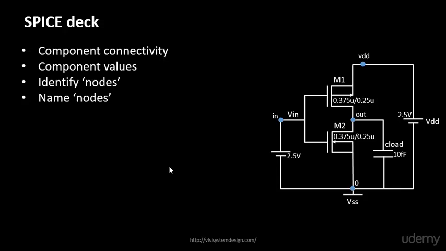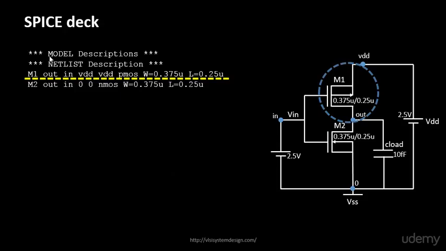So let's start writing this SPICE deck. These are just comments; anything that starts with a star is a comment. This is the model description, and we'll start with the netlist description. Let's say M1, the MOSFET M1. In the past video we looked into the syntax of the MOSFET in SPICE: drain, gate, source, substrate. So for M1, the drain is out.